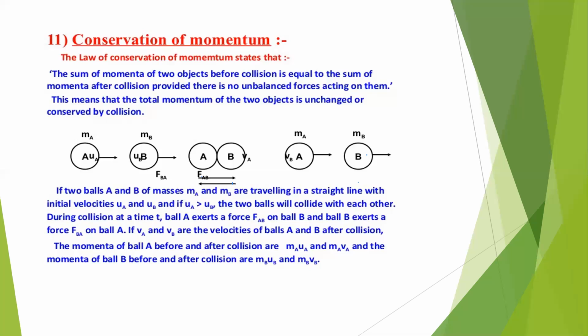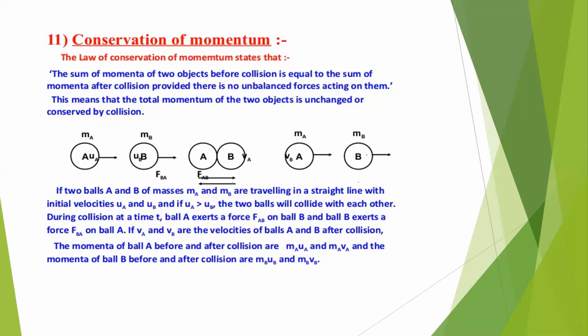So when two bodies hit each other, we call it a collision. During collision at a time t, ball A exerts a force FAB on ball B, and ball B exerts a force FBA on ball A. Now, when the two balls collide, the velocities will change.